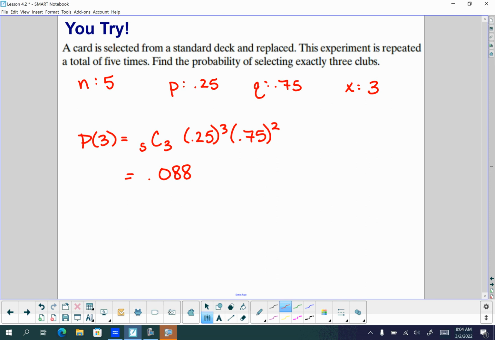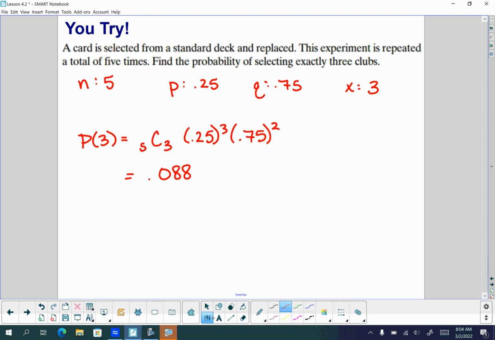All right. N is 5, P is 0.25, Q is 0.75, X is 3 successes. So 5 choose 3 times 0.25 to the third, 0.75 to the second, or 5 minus 3 is where that 2 is coming from, 0.088. Okay. Questions?